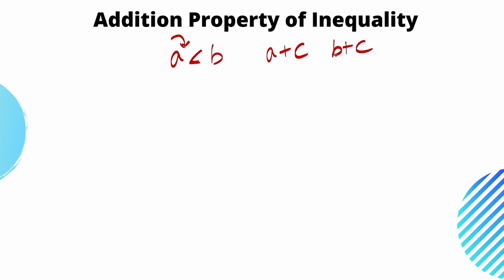Then what will happen? Will A plus C be less than B plus C, or will it be greater than B plus C? It will be less than B plus C, because we are adding the same value on both sides. The same goes with A greater than B as well. So A plus C will be greater than B plus C.